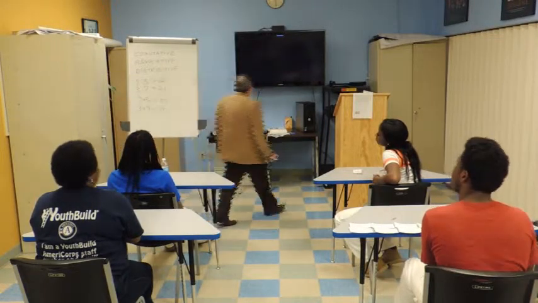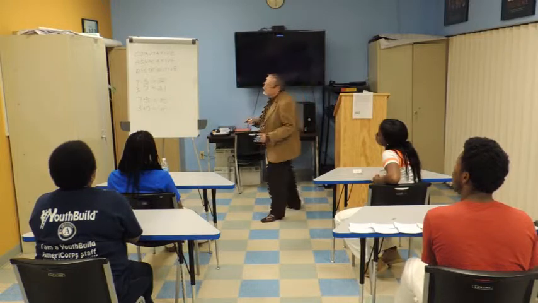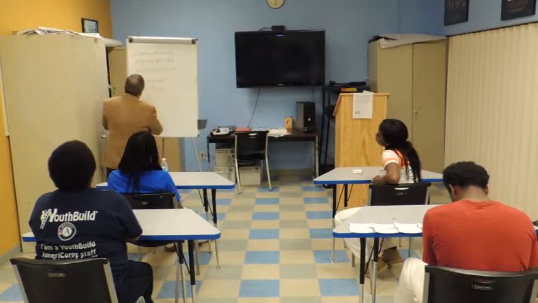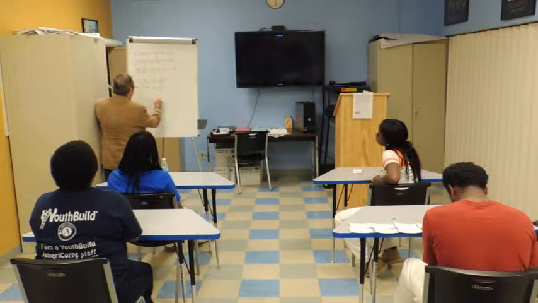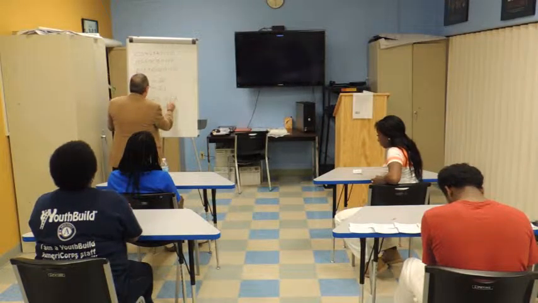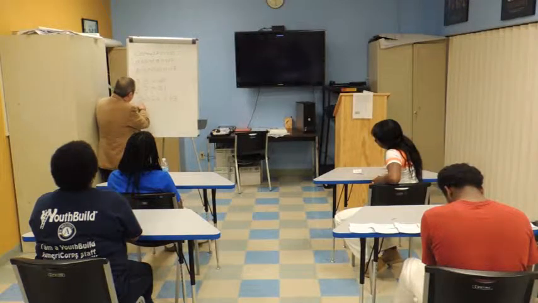What's associative? Anybody know? Associative just means, for example, in addition, let's add another number here, 7 plus 3 plus 3 equals what? 13. Okay. What if we added these 2 together, made it 10, and we added 3?